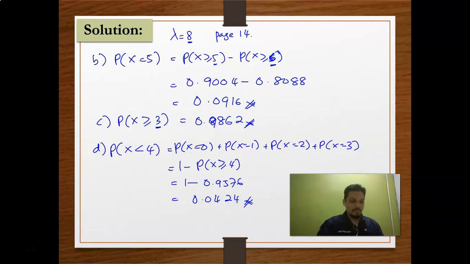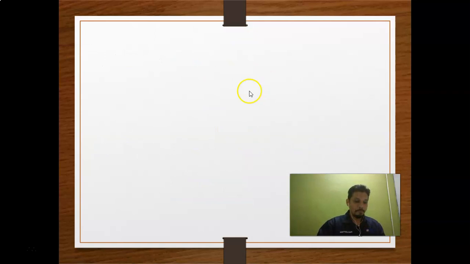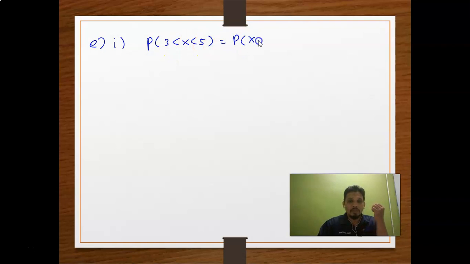Okay, the next question: between 3 and 5 calls are made. E, number 1, the probability of X between 3 and 5. This does not include 3 and does not include 5. The middle value between 3 and 5 is 4, so we want the probability of X equal to 4.